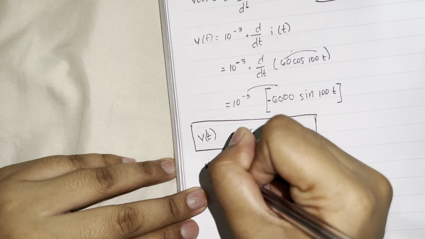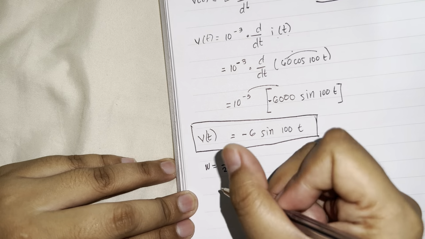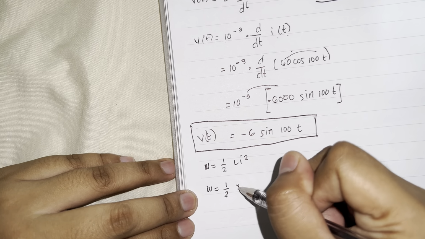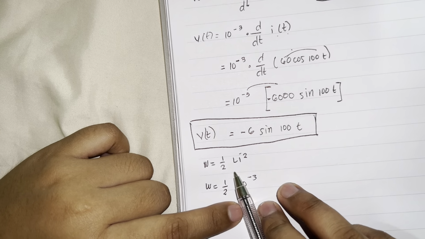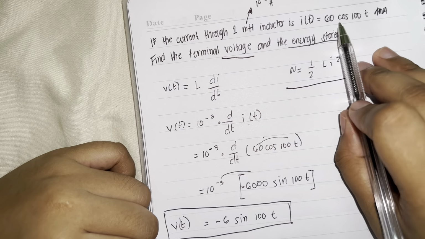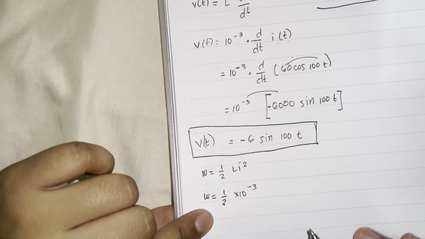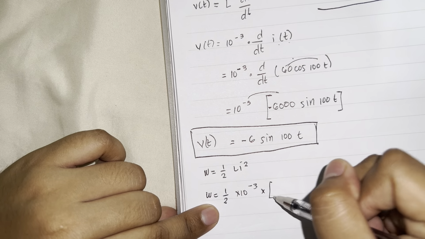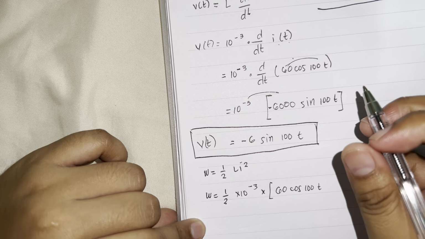So W is equal to 1/2 L i squared, so it is equal to 1/2 times 10 to the negative 3, the value of our inductor, and then our i is 60 cos 100t milliampere, times 60 cos 100t.